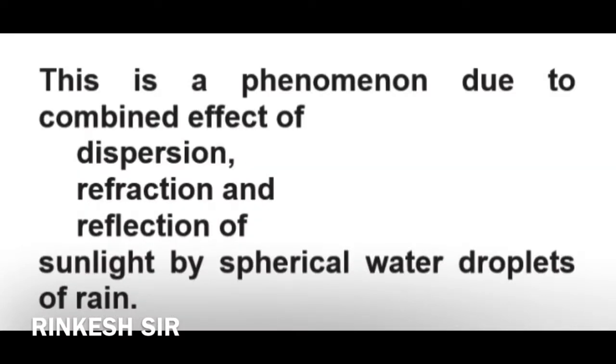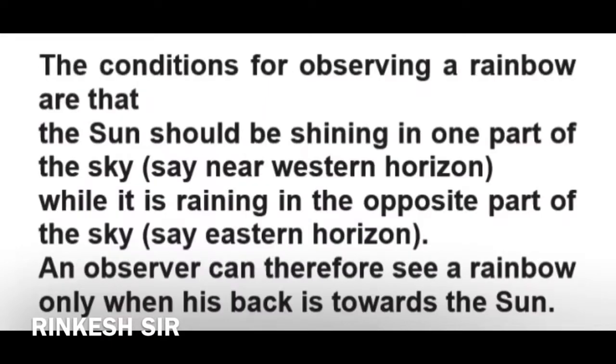This is a phenomenon due to the combined effect of dispersion, refraction, and reflection of sunlight by spherical water droplets of rain. So remember, it is a combined effect of three things: dispersion, refraction, and reflection.